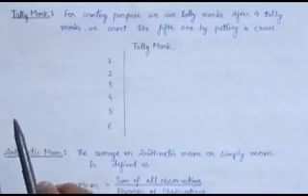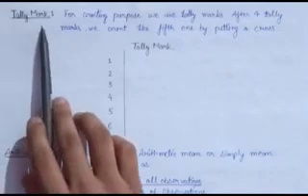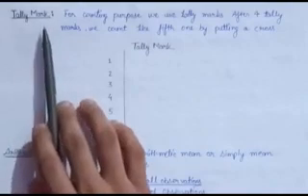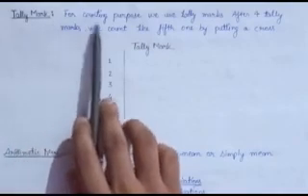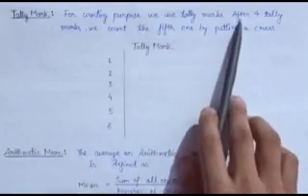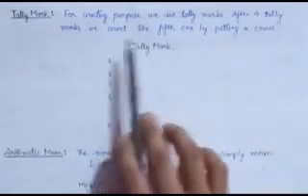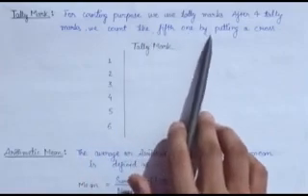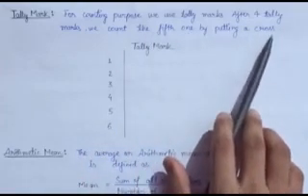Now we will understand what tally marks are and why they are used. So students, tally marks are used for counting purposes. And after 4 tally marks, we count the fifth one by putting a cross.